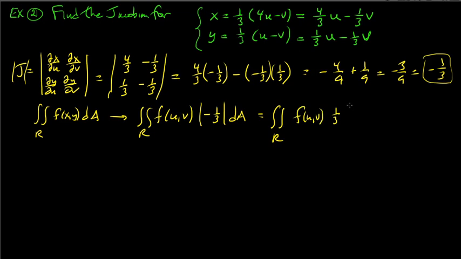Right, and then this will be du dv, right? So this is our dA here, right? Okay, so yeah, in this case, the Jacobian is just a constant. That can happen. You saw in the previous example that I erased already.